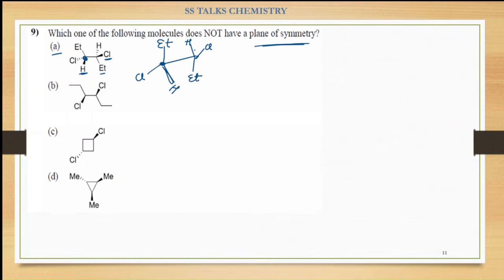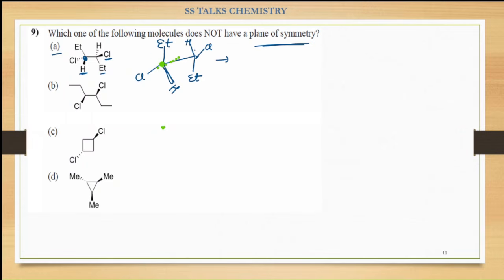Okay, you can convert it into the Fischer projection to check its plane of symmetry, or you can check it here also. So let us just convert it into the Fischer projection. For that, you want both of them to be in the eclipsed conformation, right? So for that, around this first carbon center that we have labeled one, we are going to do a 180 degree inversion.